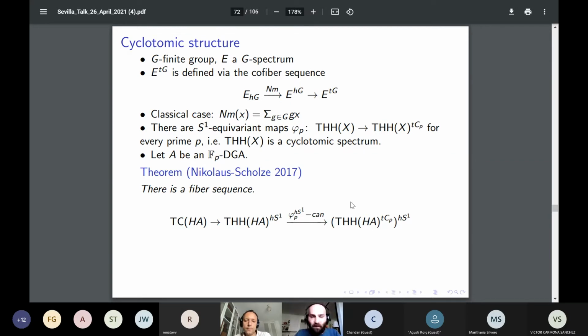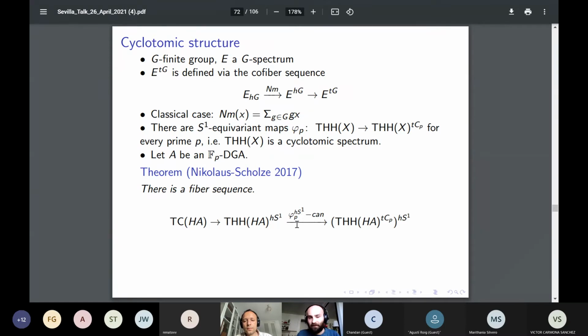So TC of the ring spectrum corresponding to an FP DGA is given to be the fiber of this map. Again, this is like completing to a triangle: whenever you have a map, you can define its fiber. This part is the homotopy fixed points, and this part is the homotopy fixed points of the Tate construction.